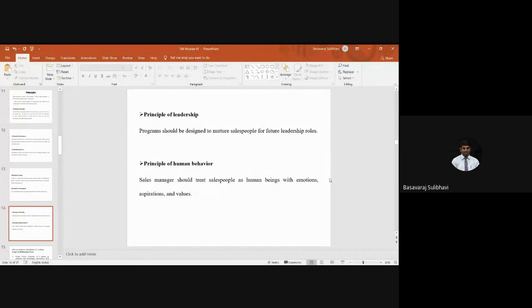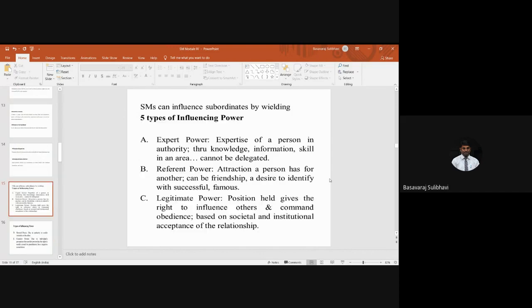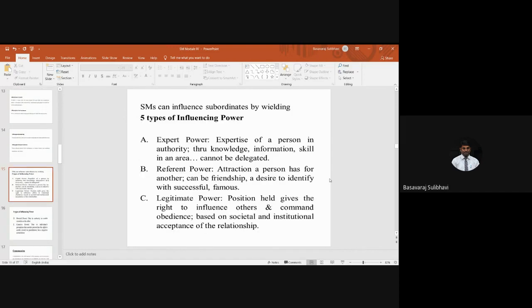Principles of leadership were also discussed, where salespeople in the organization are developed and nurtured for the future requirement of leaders. And we had principles of human behavior, how a sales manager treats and handles salespeople, giving due respect to their emotions, values and aspirations. These were discussed in yesterday's class.